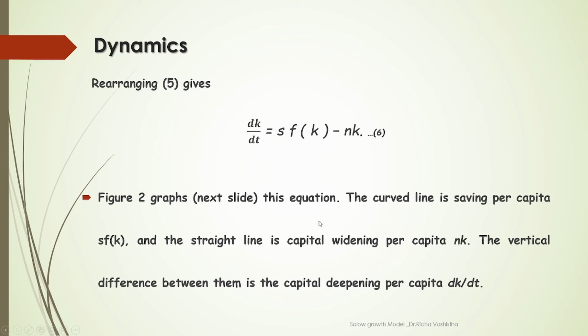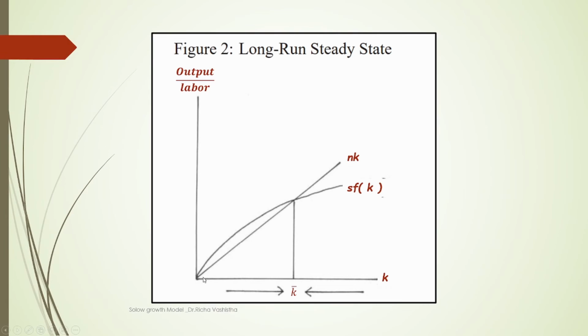Now the next figure in the upcoming slide is where the curved line will be showing the saving per capita, and the straight line will be capital widening per capita, which is nk, and the vertical difference between the two is the capital deepening per capita. Here you can say this is the sf(k), which is simply the saving part. Then this is the nk, the capital growth ratio multiplied by the rate of labor growth.